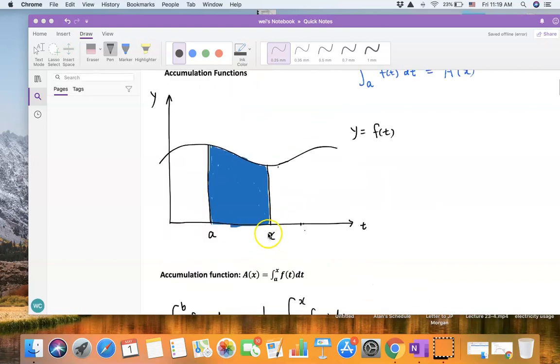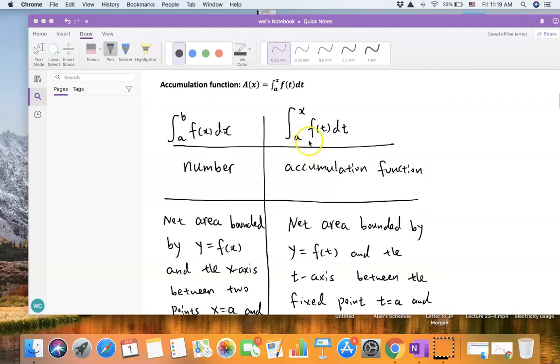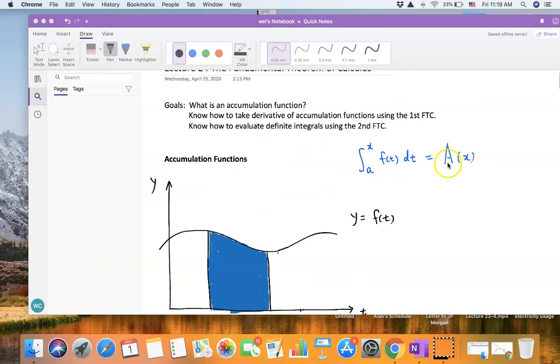Let's say if I change this x into a number b, the result will be the area of this bounded region. But for the accumulation function, the result is a function A of x, and the function value depends on x.